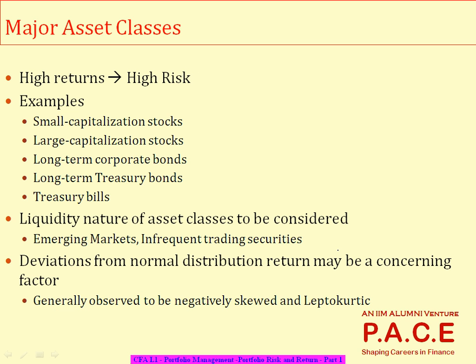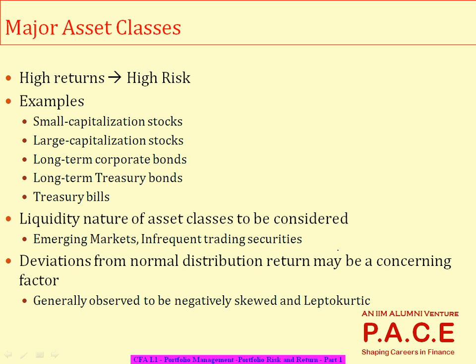Now, for us, as a part of the execution phase, we said we need to look at different kinds of asset classes. And the theories clearly point out, the higher the risk, higher is the return.